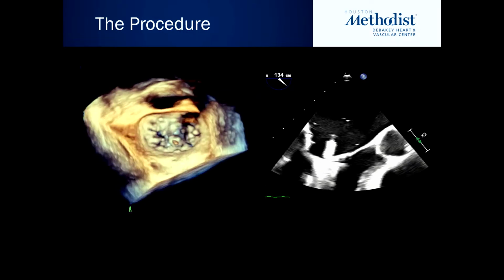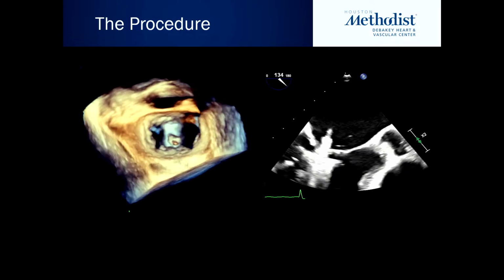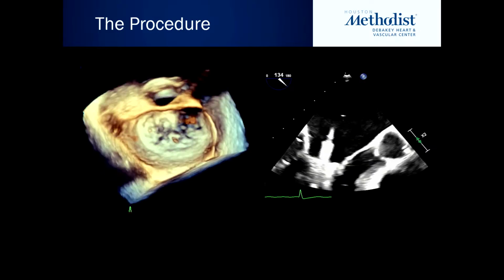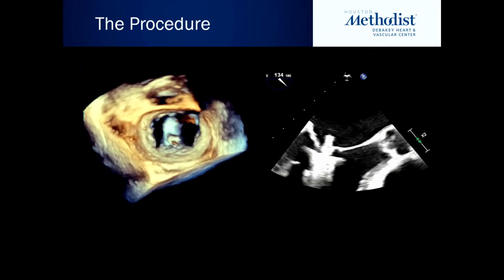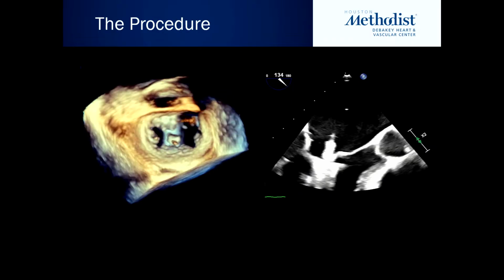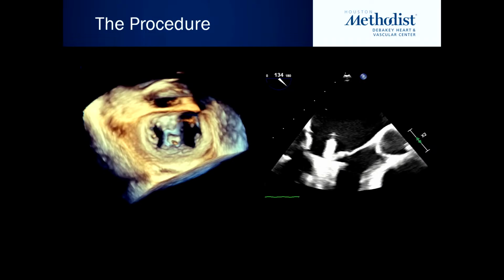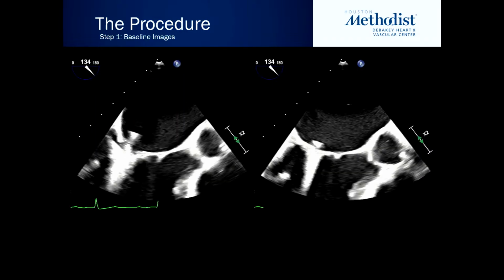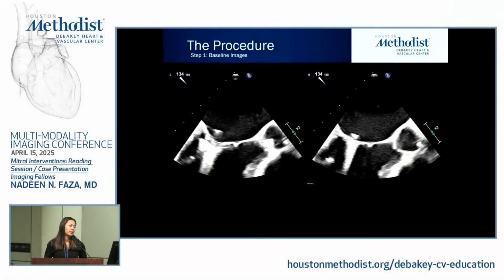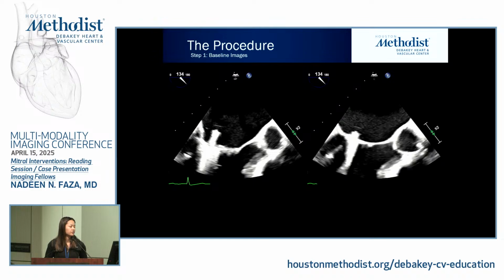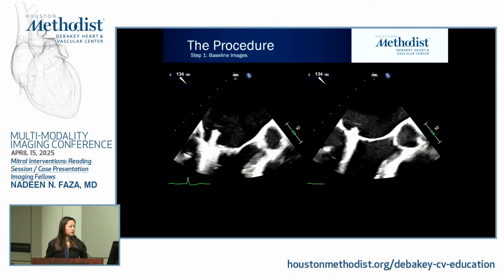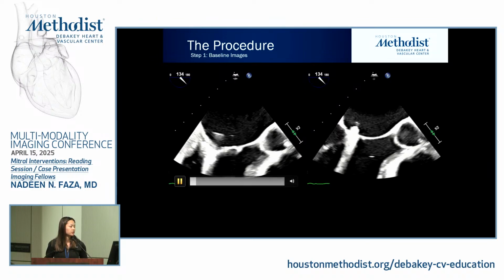So on the right side, we quickly switch to a dedicated 2D view, where you find the longest arm possible, and making sure that you can see both leaflets and both long arms. Then the operator pulls back the catheter and the device a bit more, making sure that they have both leaflets, and they drop the gripper.